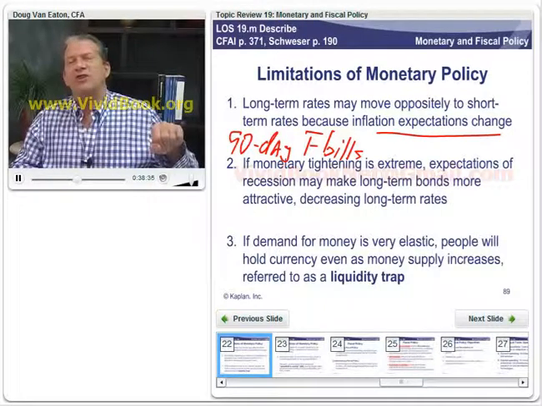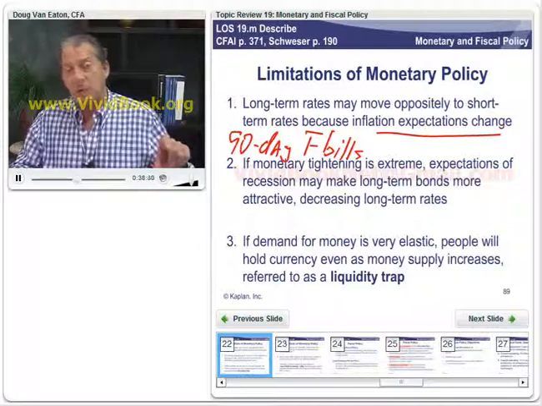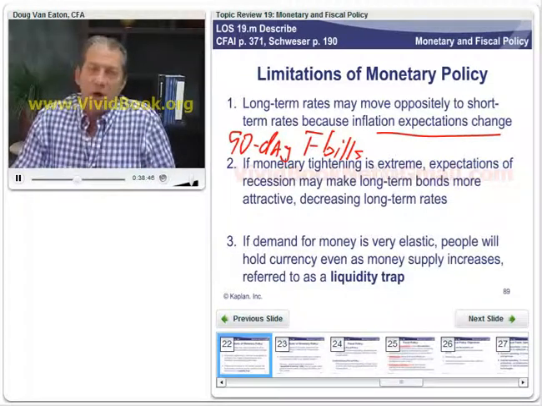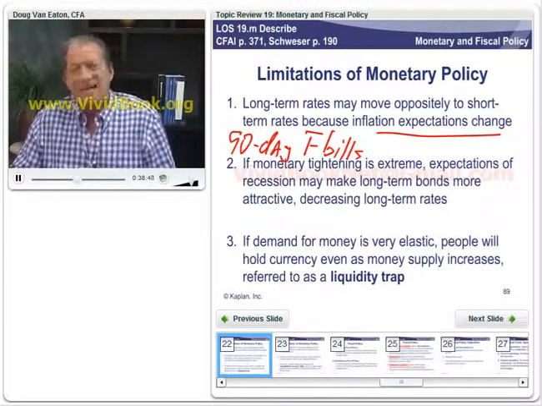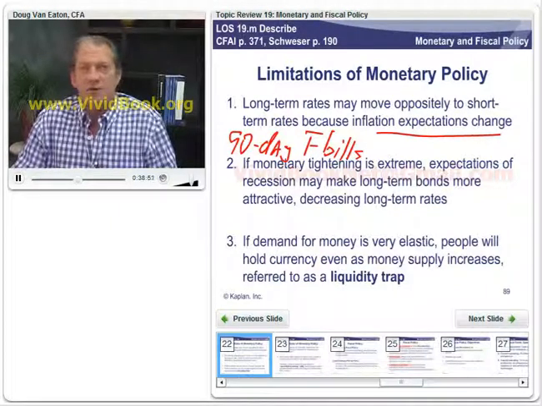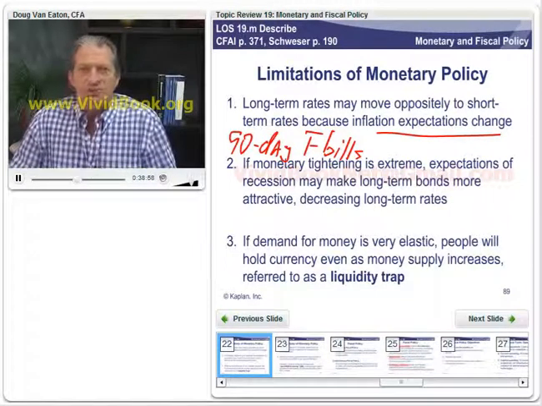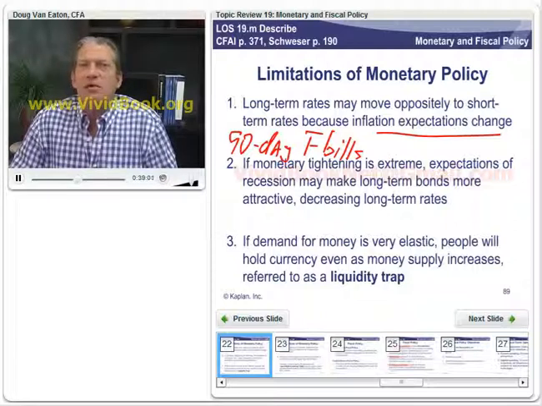So I should say expected inflation and uncertainty about future inflation increases that inflation premium and actually increases long-term rates, which is not going to be stimulating or expansionary to the economy. So there's one limitation.